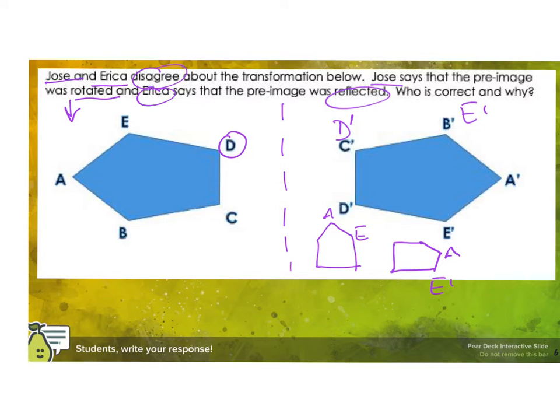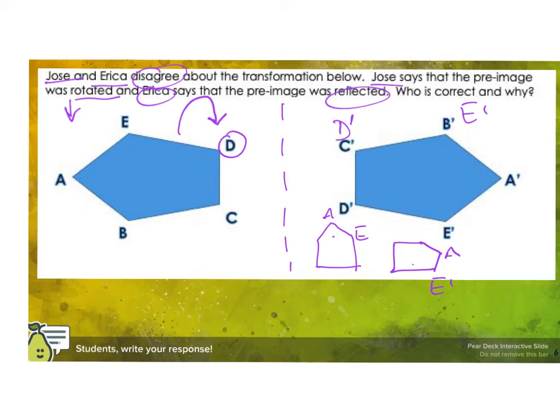We haven't heard that word yet, but this was turned, right? So I turned it this direction. And after two little turns, I can see that the letters line up with what's on the paper here. So Jose is correct. This pre-image was rotated.